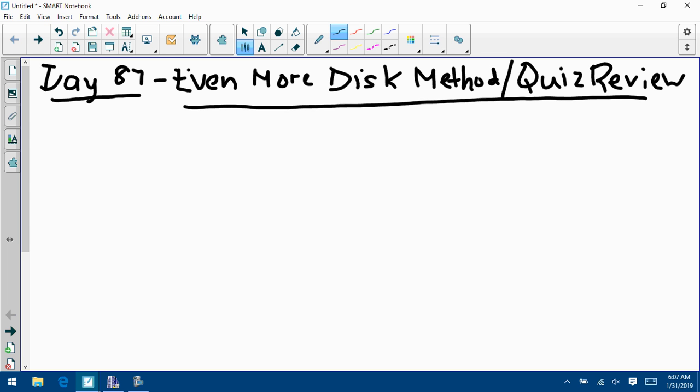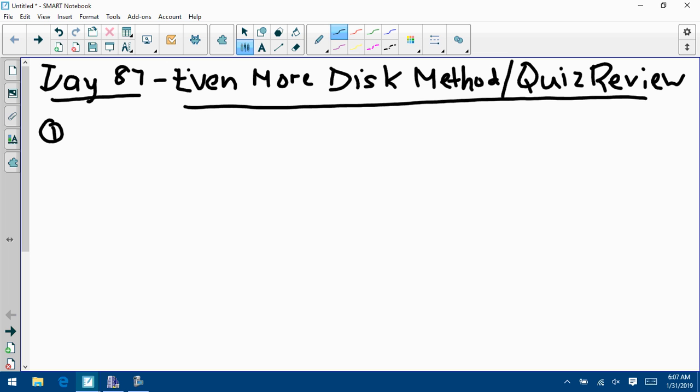Okay, so basically what we're doing today is just some more examples with revolving regions around the x or y axis. Some of them are going to be a little trickier than the ones you've done up to this point, but same ideas that you've seen the last couple days. So we'll start with number one.